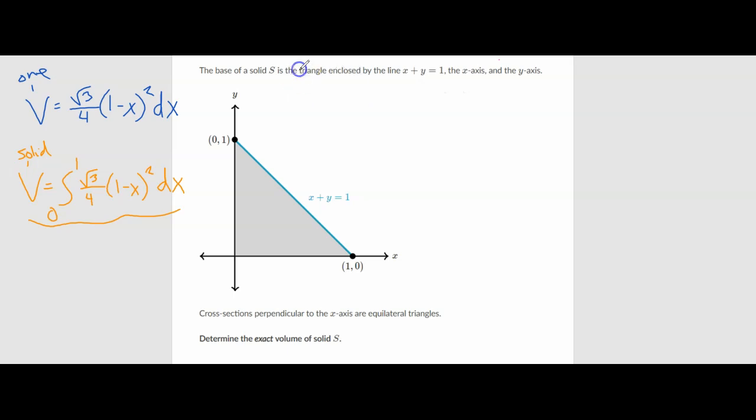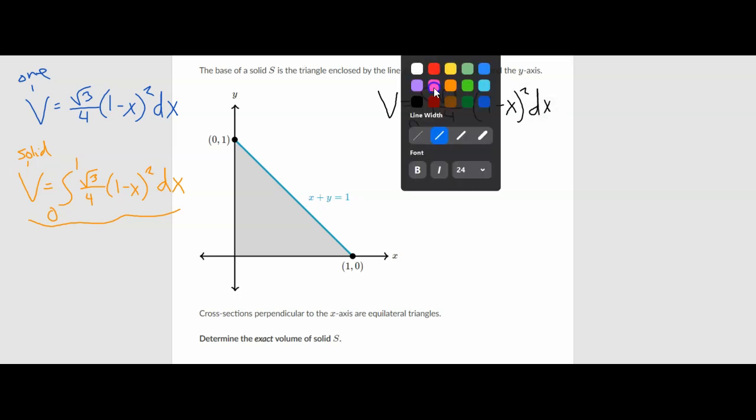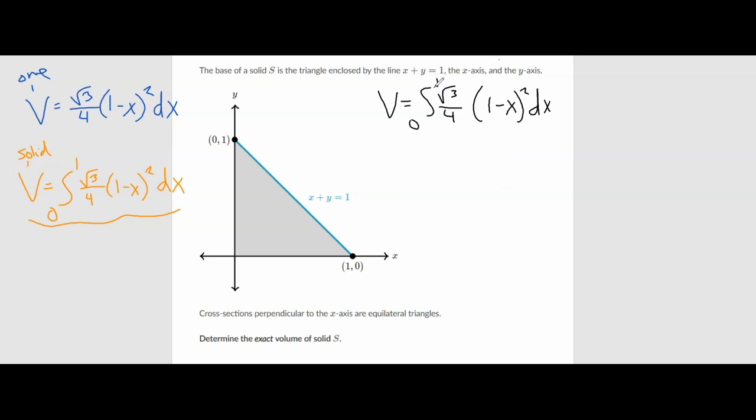I may need 2 columns, who knows? Okay, so I could pull that coefficient outside the integral. So I'm going to get the square root of 3 over 4 times the integral from 0 to 1, and then I'm going to actually square this.